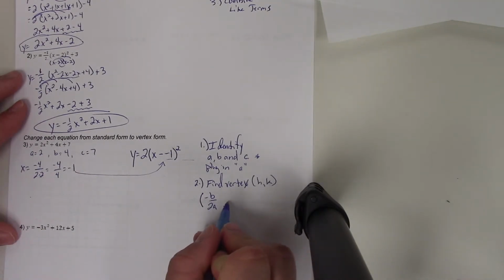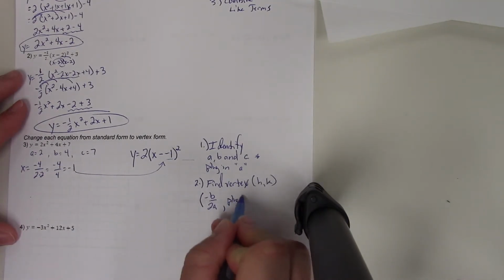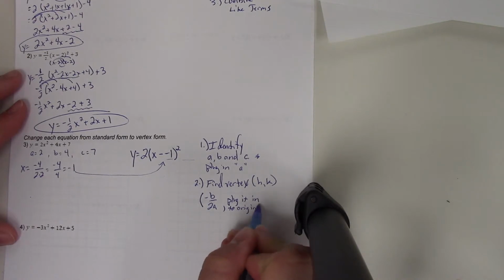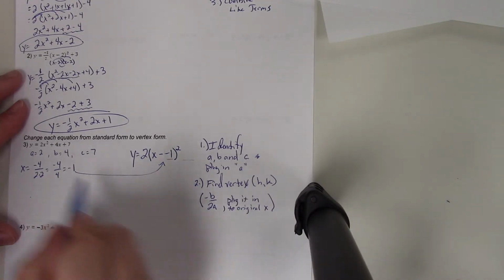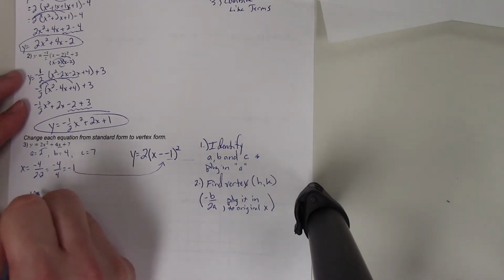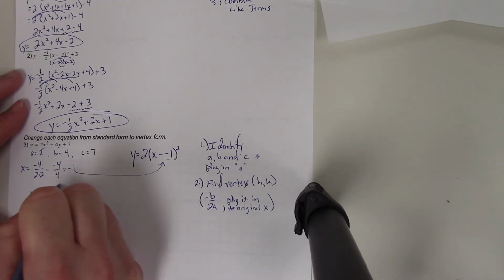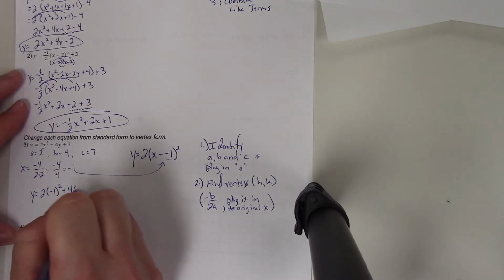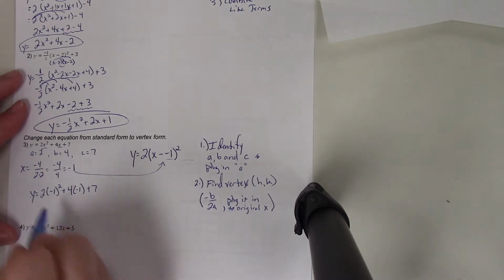How do I find the other one? Remember, we plug it in to the original x. Well, what does that mean? That means these two spots right here. So I'm going to have y equals 2 times negative 1 squared plus 4 times negative 1 plus 7.